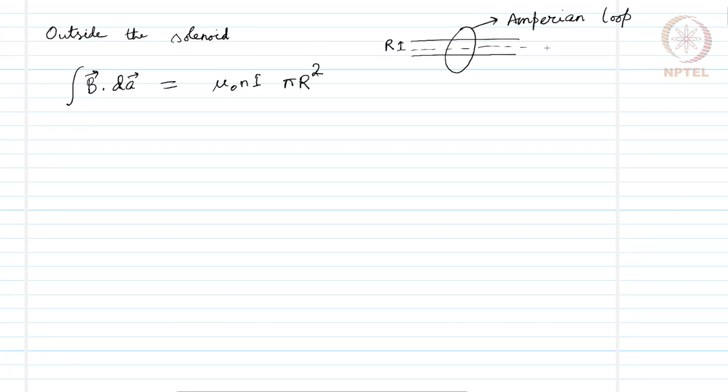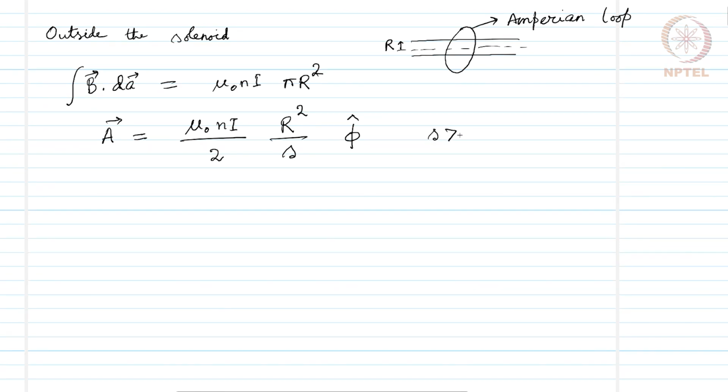Once we have this, we can equate this with the line integral of A, and from that we can obtain A equals mu naught n I over 2 times R squared over s, and the direction is of course phi cap.